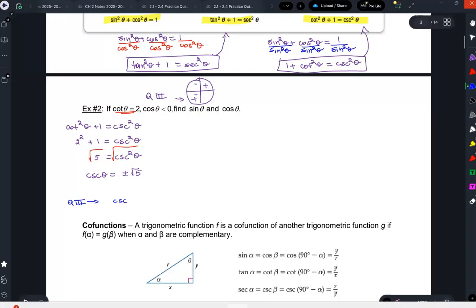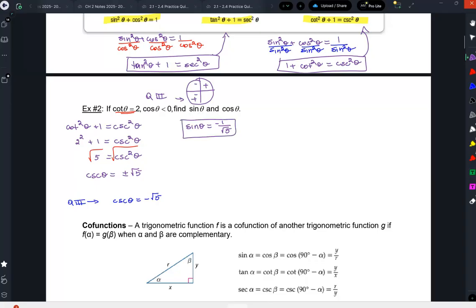So cosecant of theta is negative root 5. That's great, but it's not what I'm looking for. What I'm looking for is sine. Sine of theta is negative 1 over root 5. So that's one thing that I need.